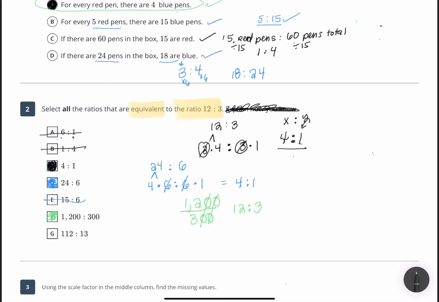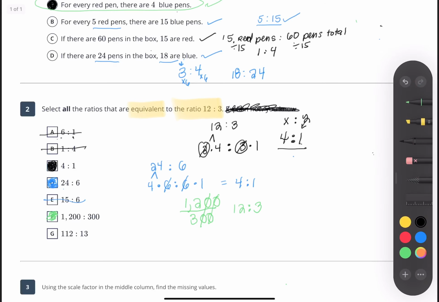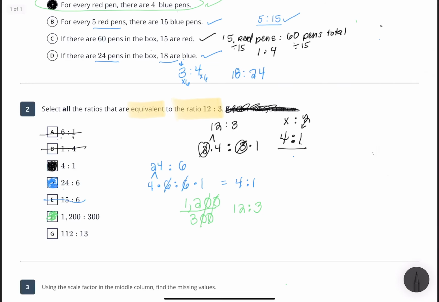Now let's look at choice G. Choice G says that 112 to 13. Okay, now to me as a math teacher, it looks like this person is trying to trick the students because all they did was put a 1 in front of the quantities. But I still want to check it.